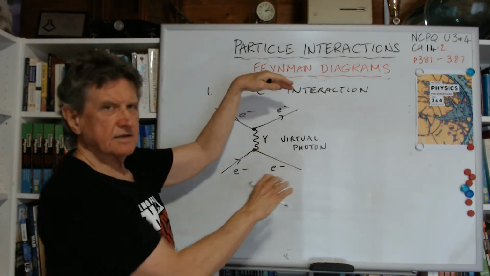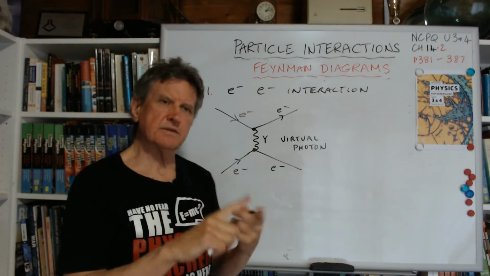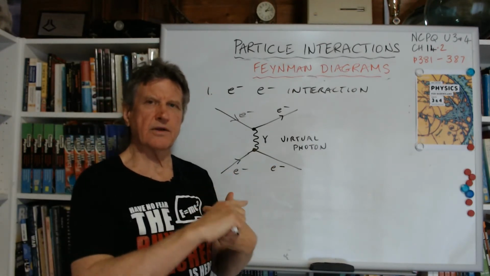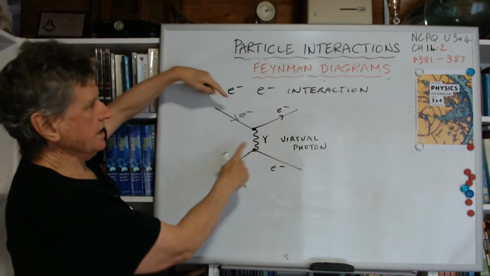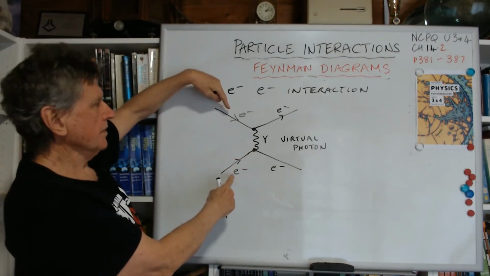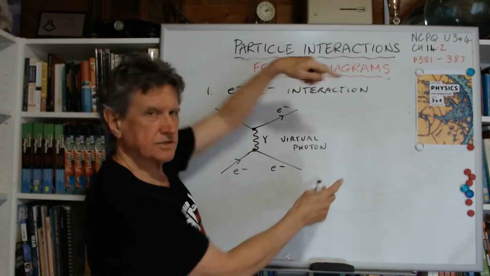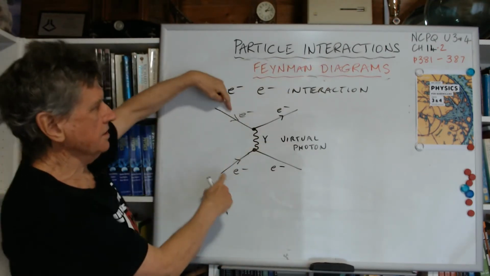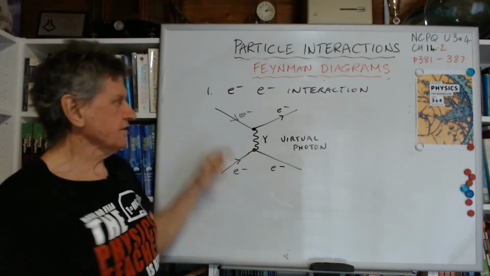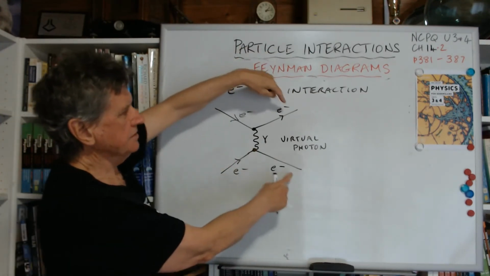Remember, you've got to conserve momentum, energy, charge, lepton number, baryon number. So the incoming lepton number is 1 and 1 is 2, and the outgoing is 1 and 1 is 2. The baryon number is 0 and 0, 0 and 0. So the conservation of charge, you've got 2 negatives, 2 negatives.